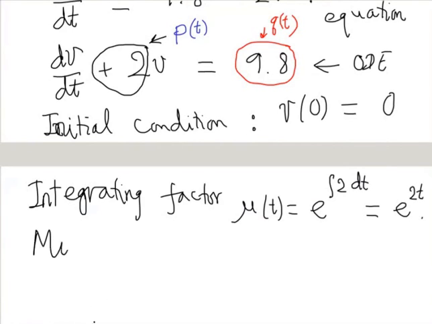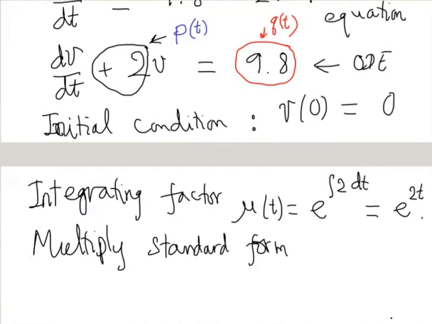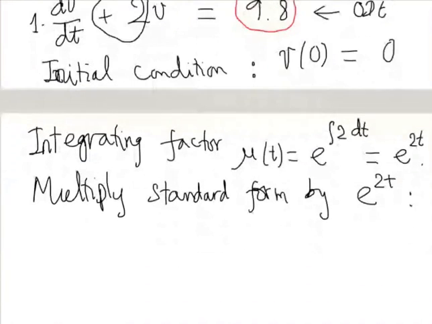And then we multiply the standard form by e to the 2t. Remember that this equation is in standard form because we have just 1 times dv/dt.